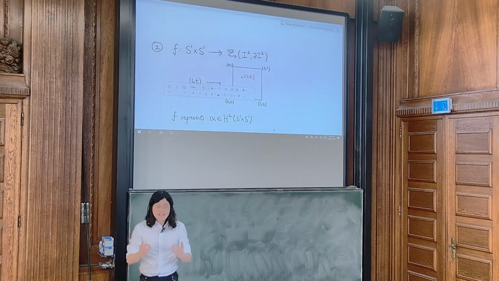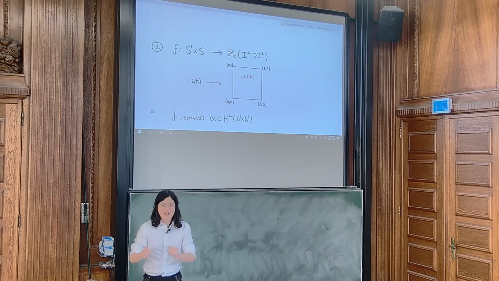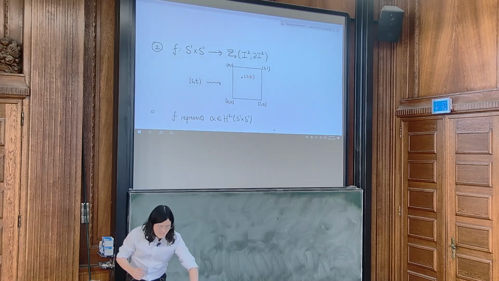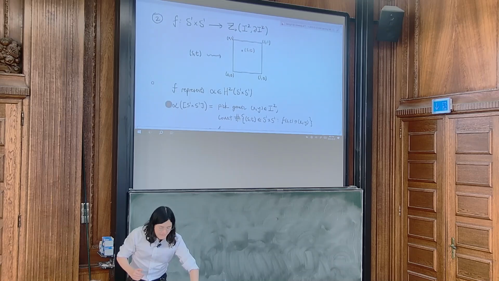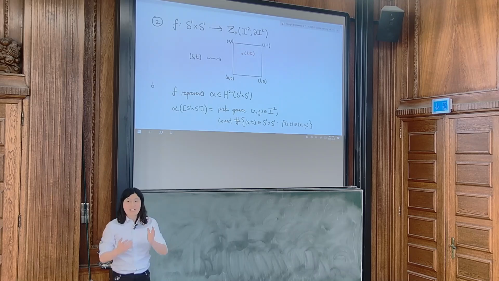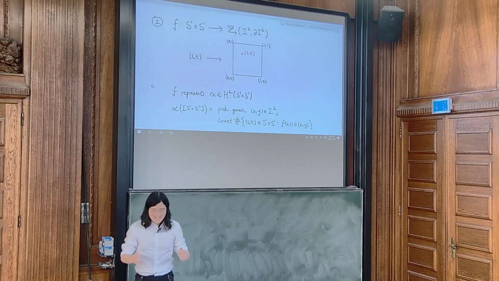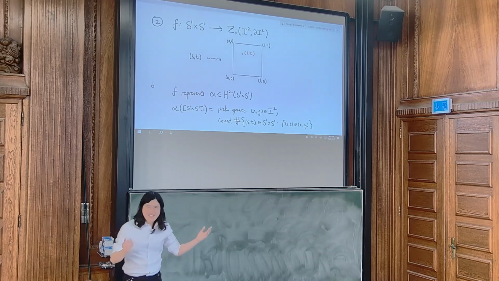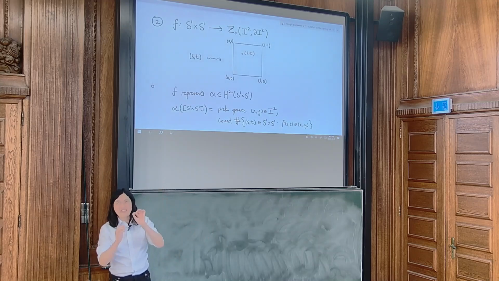So to find out, we have to evaluate it on the fundamental class of the torus. So again, we do the same thing. To evaluate on the fundamental class of the torus, we have to pick a generic point inside the square, and then we ask, for what inputs does the output cycle contain our point? Now there's exactly one, right?